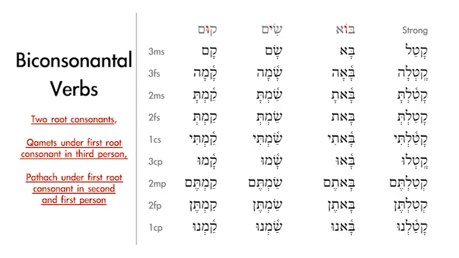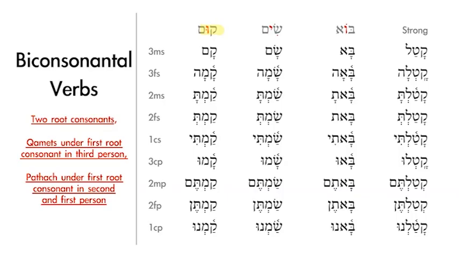In the first category, we have our U-class category, or qum. You'll see that in each of the forms there are only 2 root letters, the qof and the mem, followed by the perfect sufformative. Now the perfect sufformatives in each case are identical to the strong verb, and so if you have memorized your qal perfect strong verb, you'll be able to quickly identify the person, gender, and number of each form.